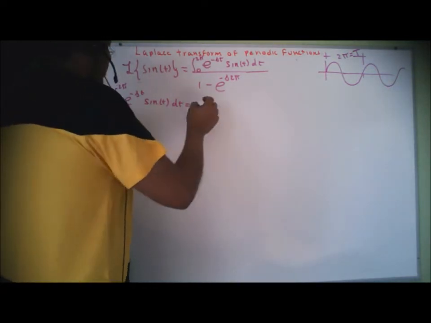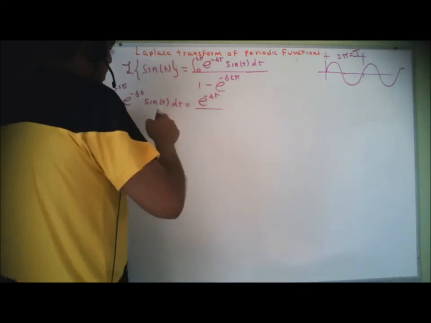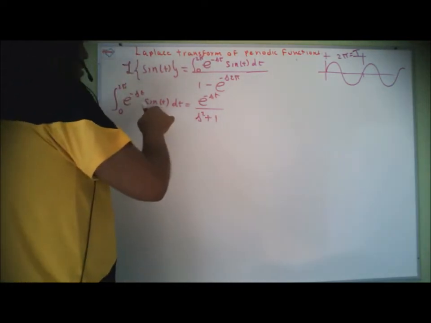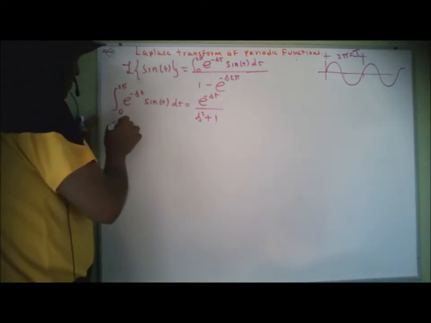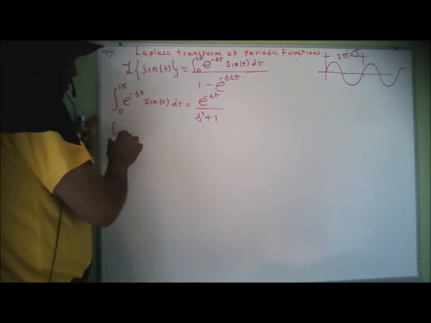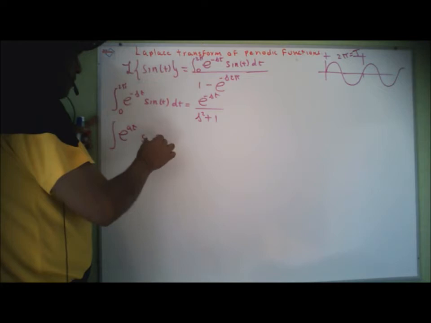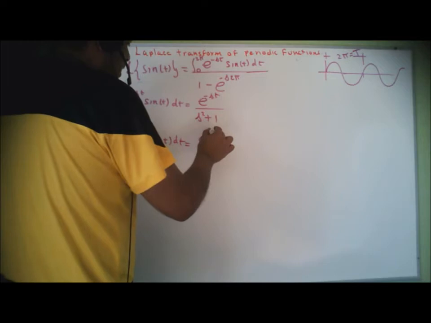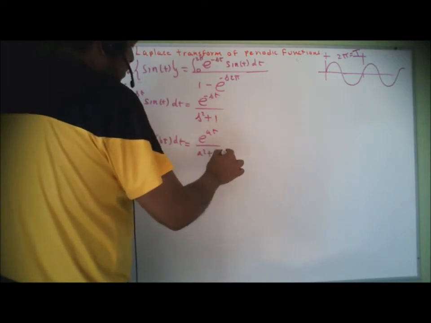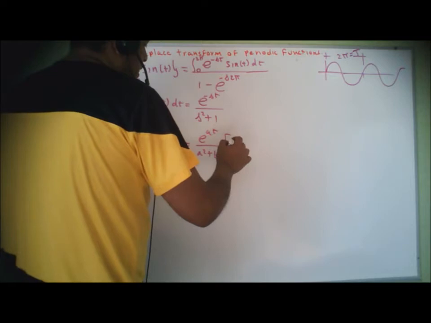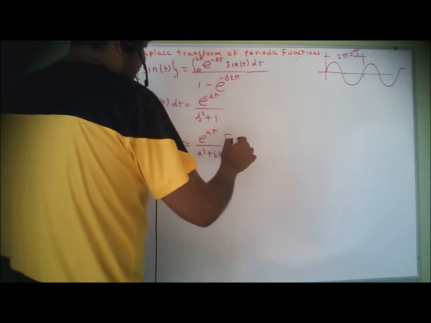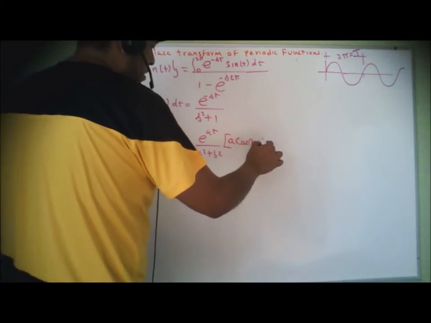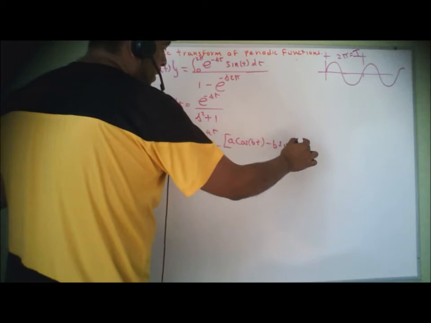The formula goes like this: e^(-st) over s squared plus 1. I'm using the formula for the integral of e^(at) sine of bt dt, which is equal to e^(at) over a squared plus b squared, times a sine of bt minus b cosine of bt.